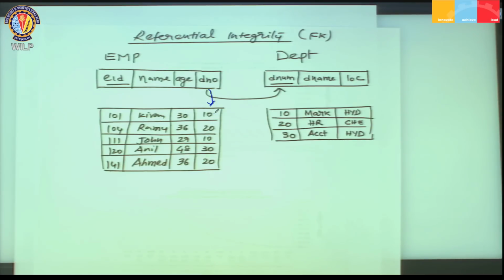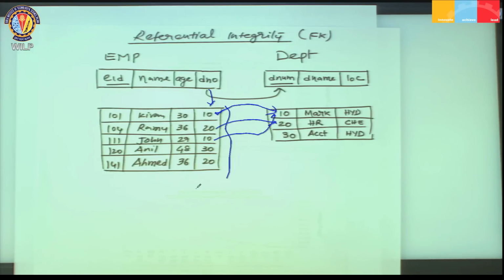If you look at the dno value for tuple 1, yes, it is 10 and it is there in the department table under the primary key dnum, and 20 is there too. This 10 is there, so there is no problem.